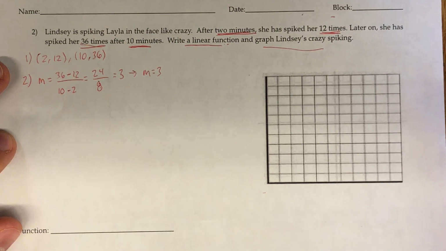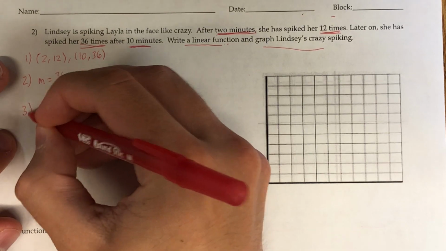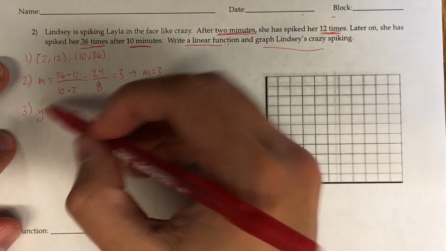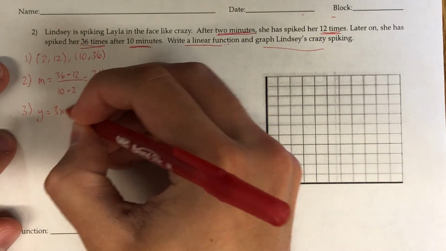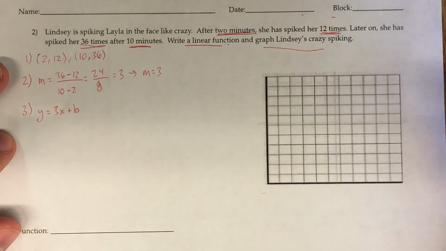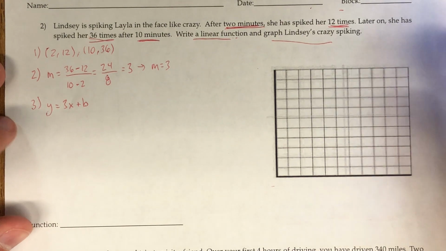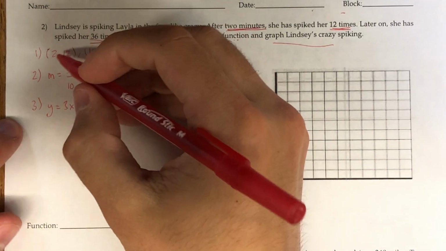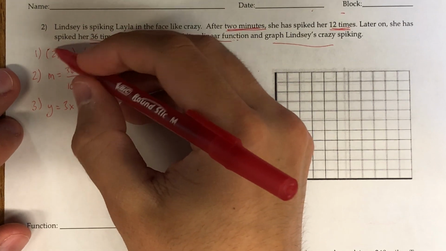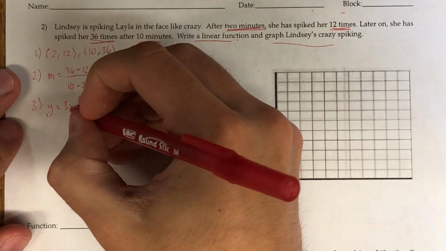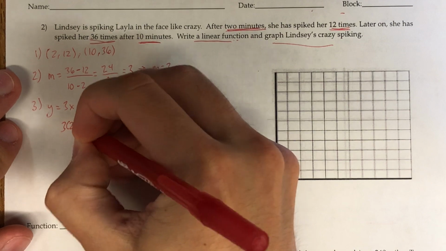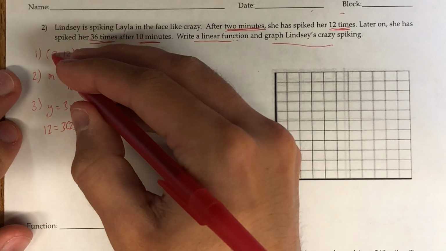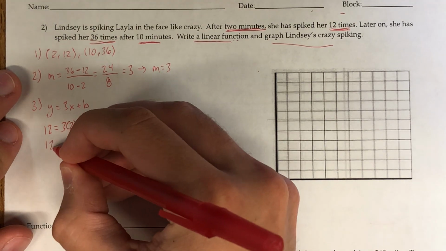Now we need the y-intercept to write our function. So in slope-intercept form, y equals mx plus b, we have y equals 3x plus b at this point. To figure out our b value, we need to plug in one of our points. So let's just choose the first because the numbers are smaller. We plug in 2 for x, we plug in 12 for y, because it's x and then y, and then solve.